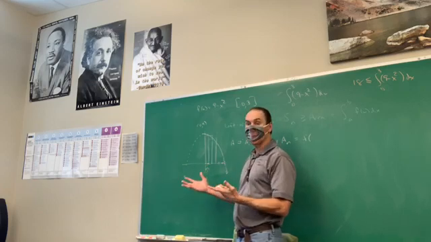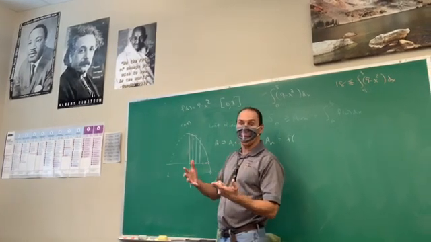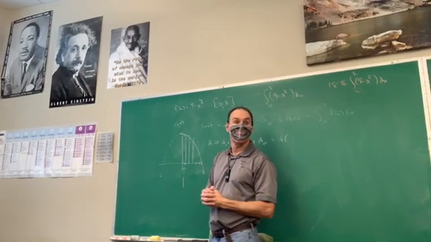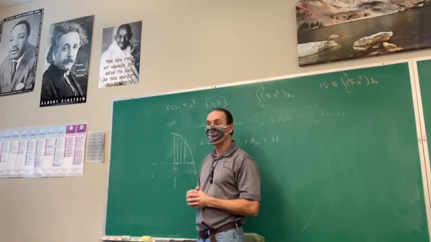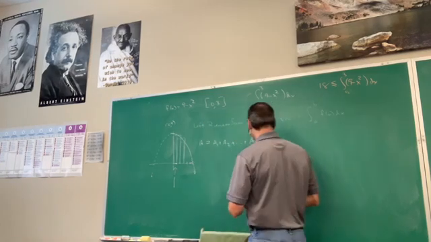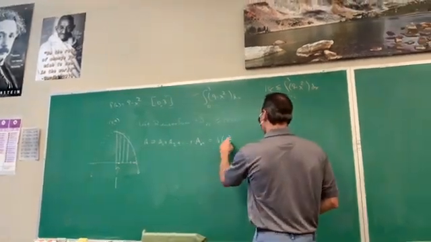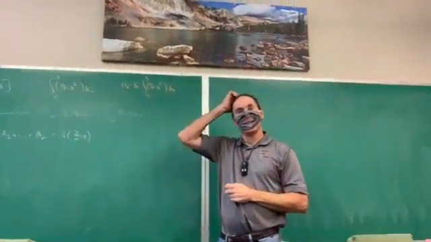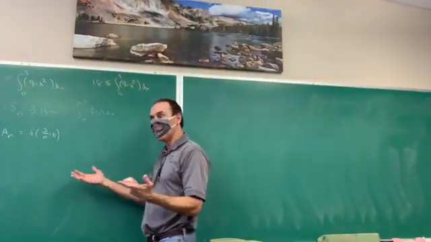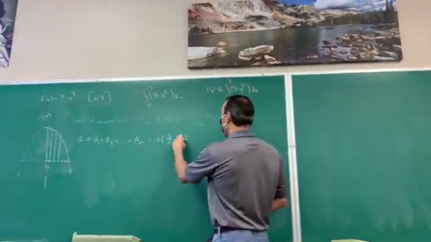So for numbering purposes, I'm going to call it 3 over n times 0. Okay or not, that's what I'm going to do. Times its width, which is still going to be 3 over n.